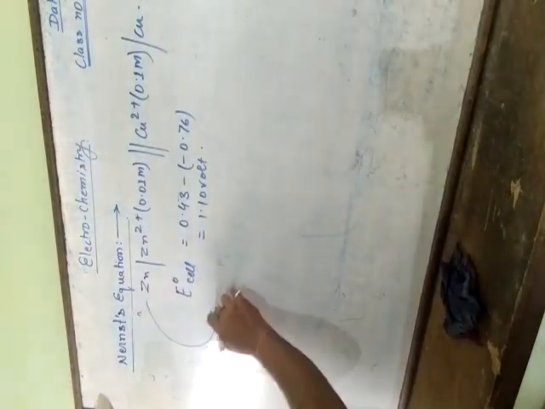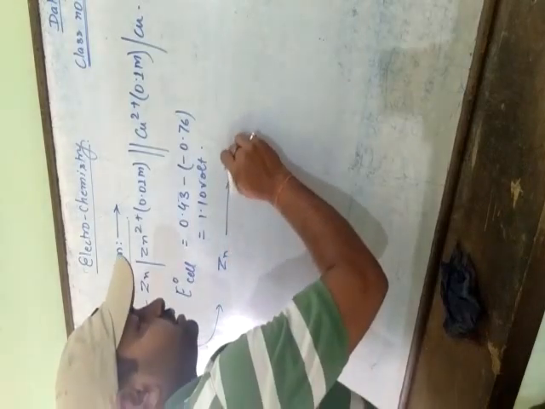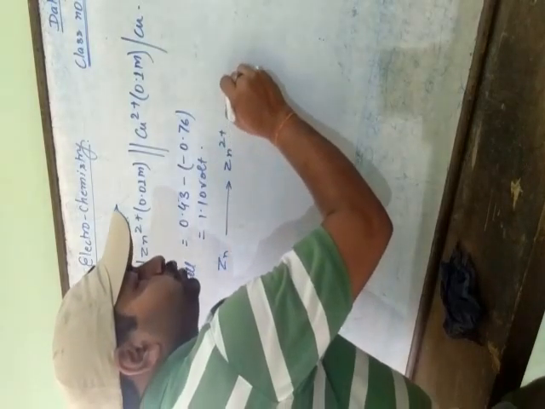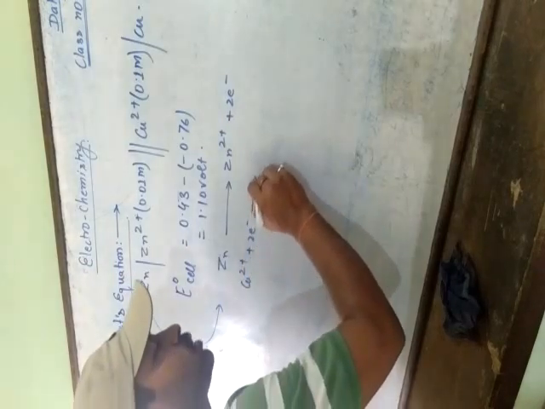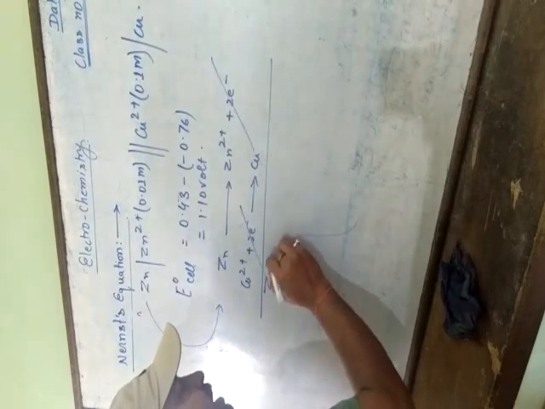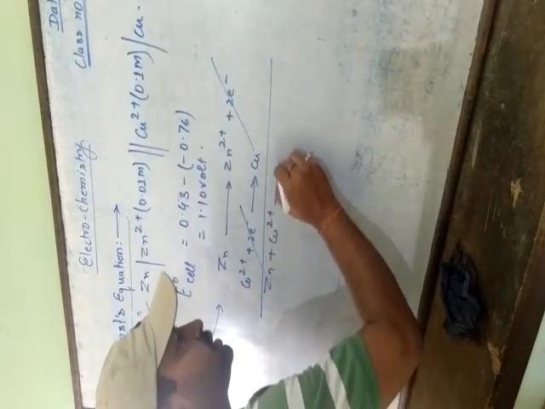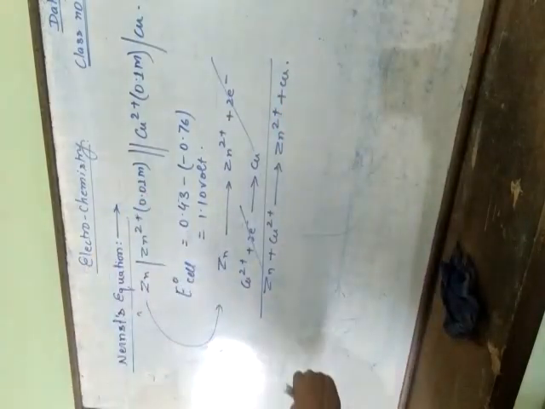So we initially find the equation: Zn gives Zn2+ plus 2 electrons, and Cu2+ gains 2 electrons to give Cu. Now we cancel the electrons: Zn plus Cu2+ gives Zn2+ plus Cu.